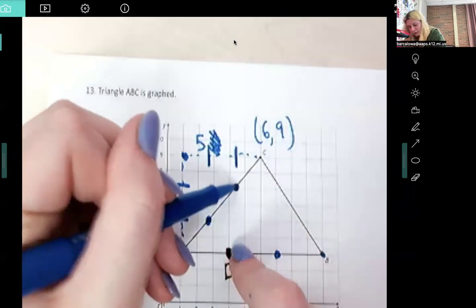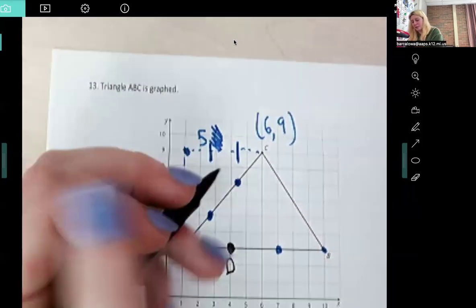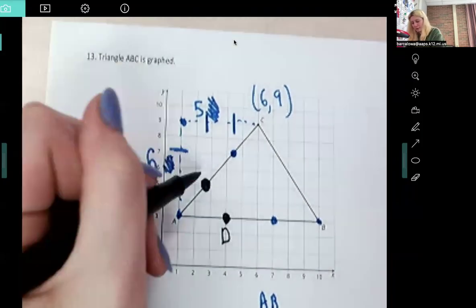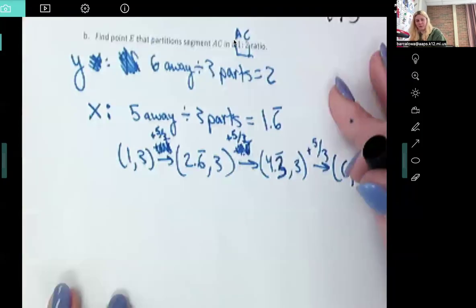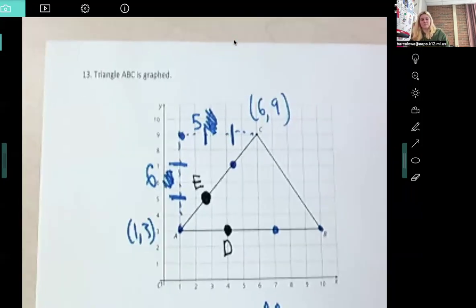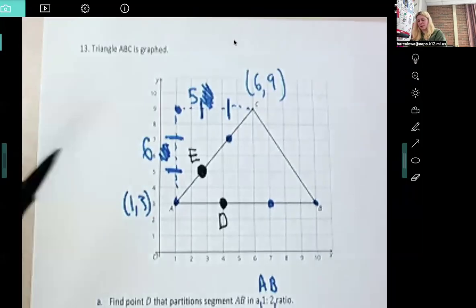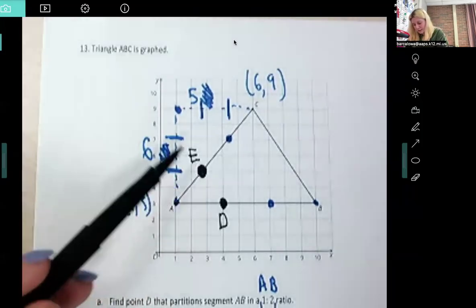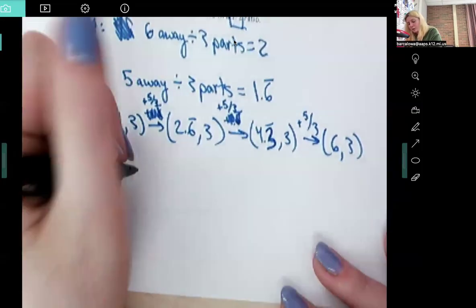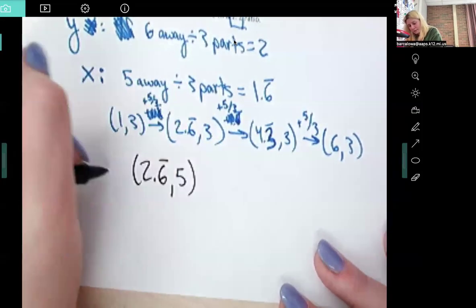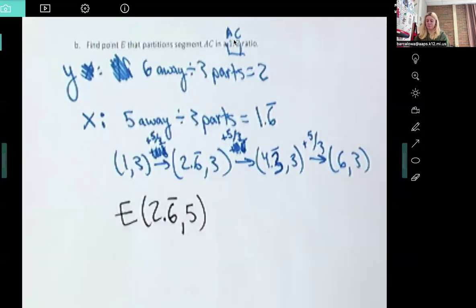You can draw both of the dots, and I know I'm looking at this one. They wanted me to label it E. Point E. Let's write that down for our teacher. This would be at 2.6, comma 5, 2.6 repeating. There's point E.